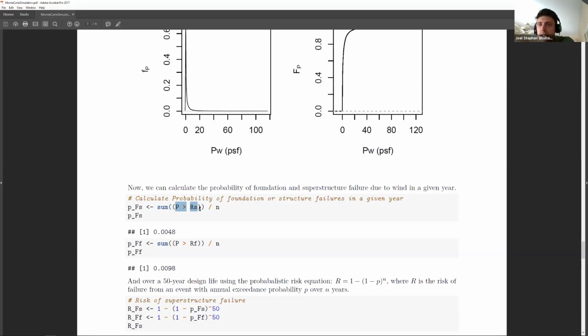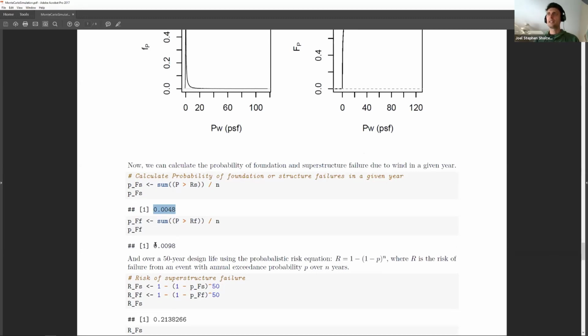That gives me a string of 10,000 trues and falses. True values take on a value of 1, falses take on a value of 0 in R. So if I sum those up, I get the proportion of values in that distribution that are greater than the threshold for failure. I divide that by n and I get a probability. So this is the annual probability of failure for the superstructure, and then the same thing for the foundation.